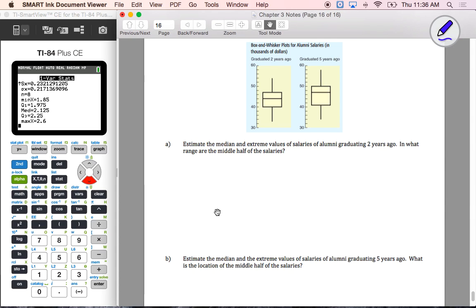If you look at your picture, the median's your bar. The median should be about 44,000 there. Then they want the extremes. So they want to know what's the lowest, what's the highest. The lowest looks to be about 33.